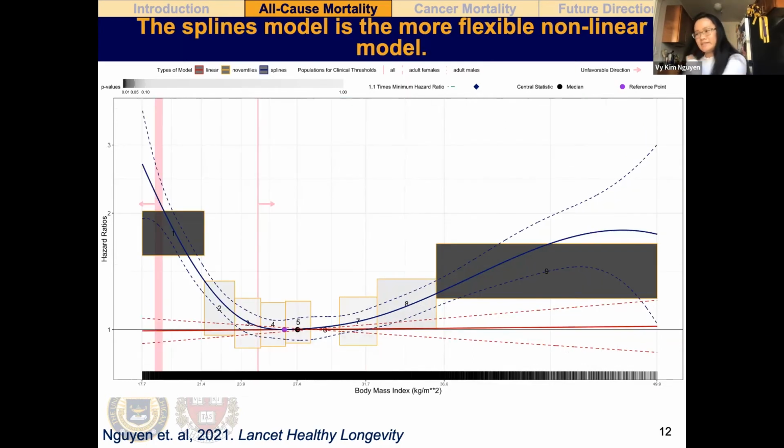I want to note here that in 1995, when they did a study like this, looking at the association of BMI and mortality risk, the participants with the lowest risk were in this range, 18.5 to 24.